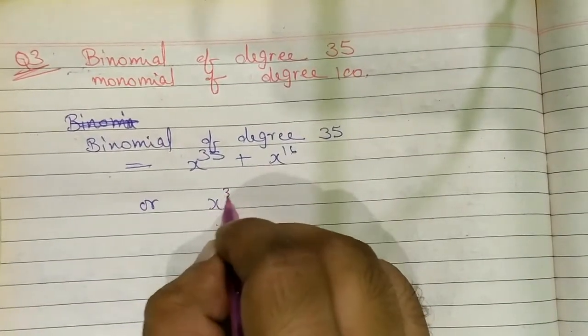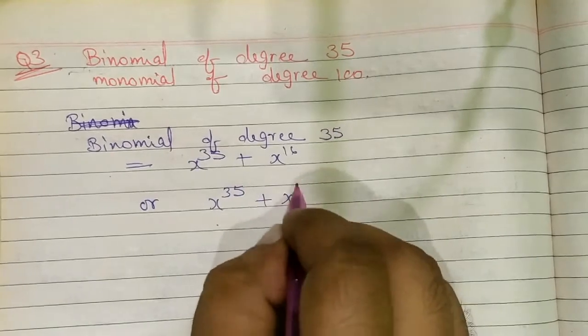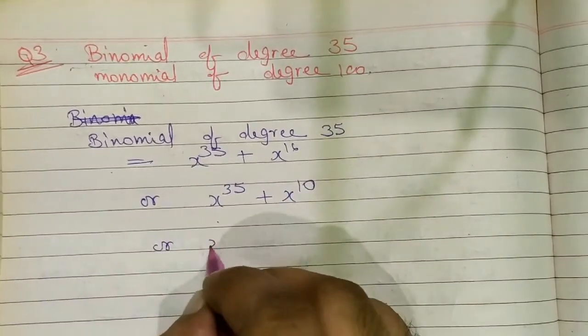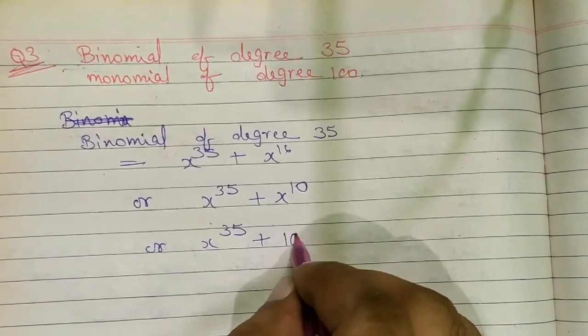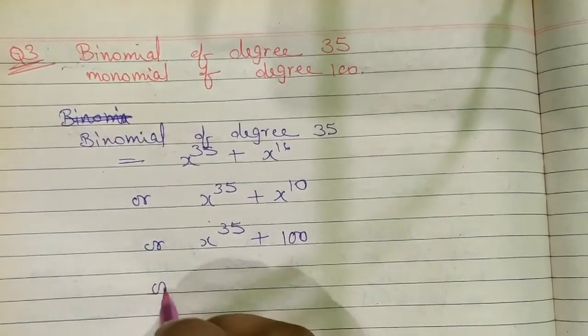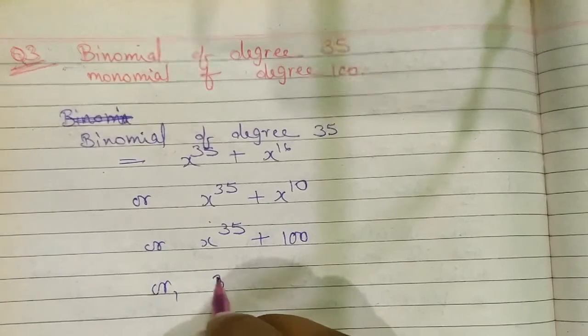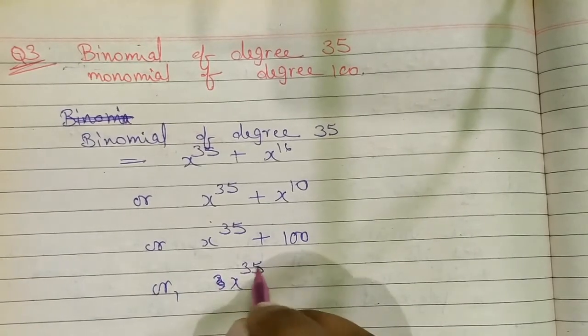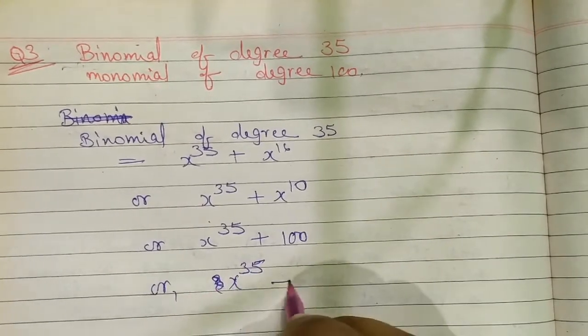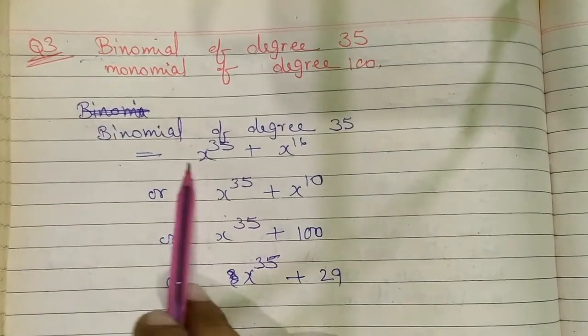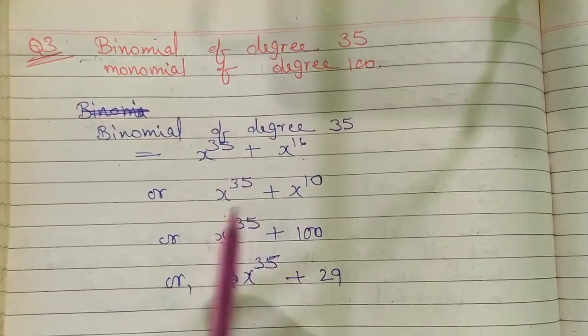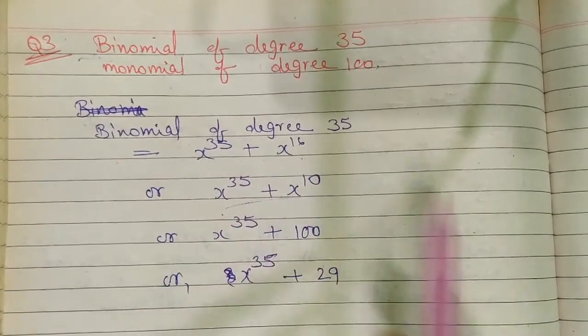or x^35 plus x^10, or x^35 and one constant 100, or x^35 plus 29, like this, right? We have taken both the variables, two variables, or a single variable, I mean two terms, right?